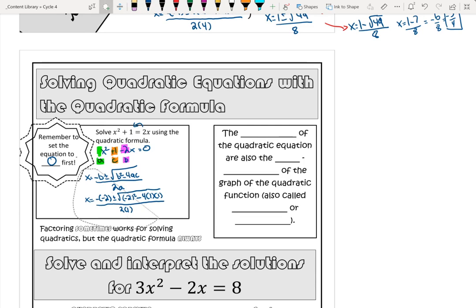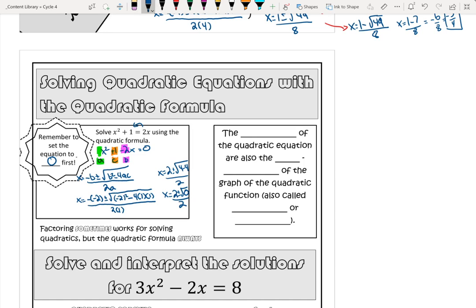Let me just move this over a bit. If I simplify this, I get x equals 2 plus or minus the square root of 4 minus 4, all divided by 2. And I get x equals 2 plus or minus the square root of 0 divided by 2.